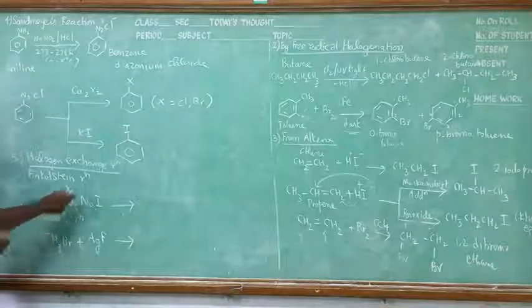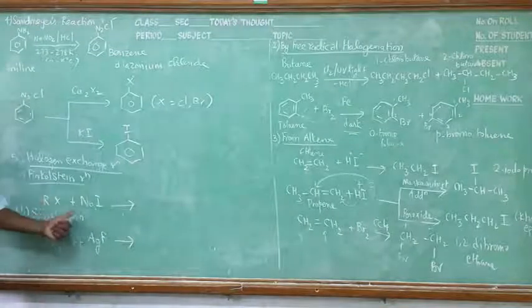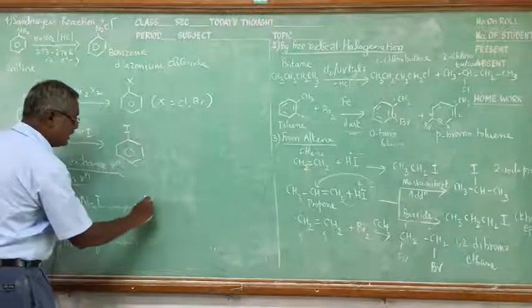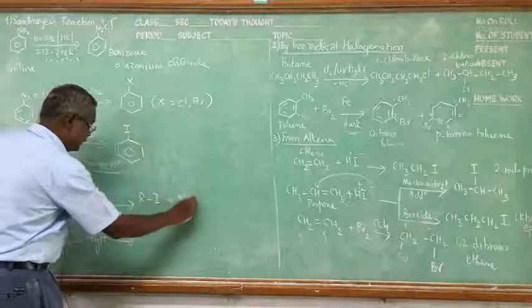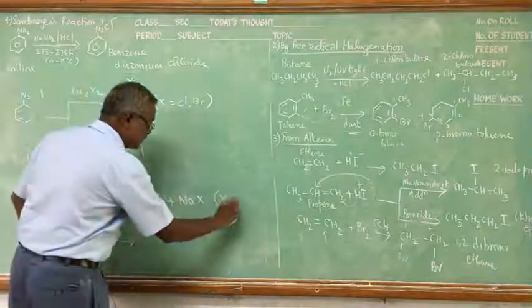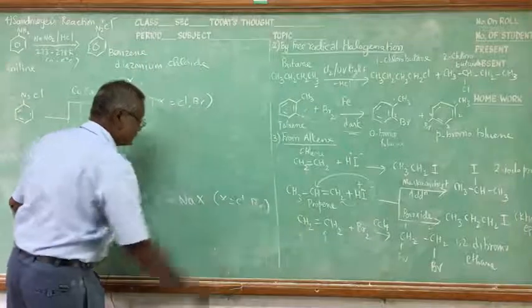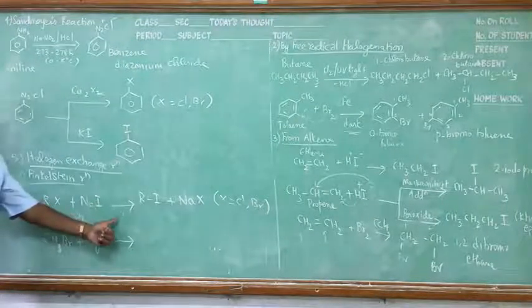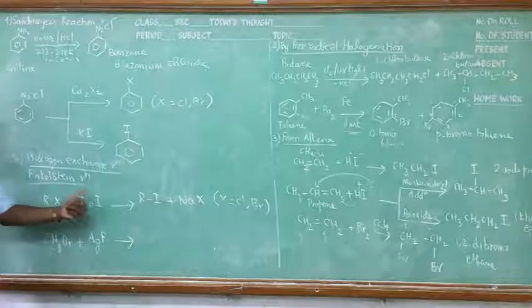You take an alkyl halide, normally chloride, and treat it with sodium iodide. Then the iodide will form, along with sodium chloride, where X may be chloride or bromide. So chloride can be converted into iodide by the name reaction called Finkelstein's reaction.